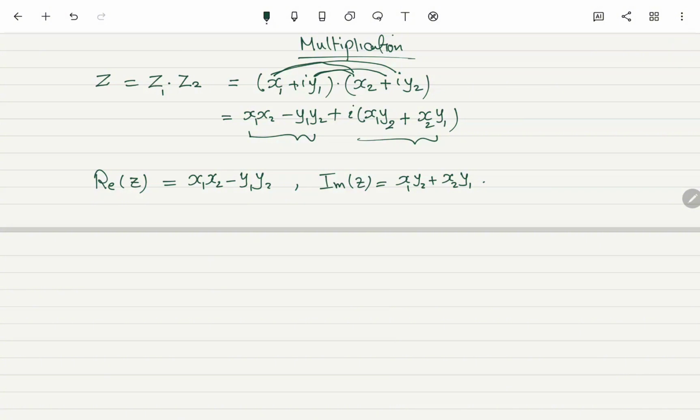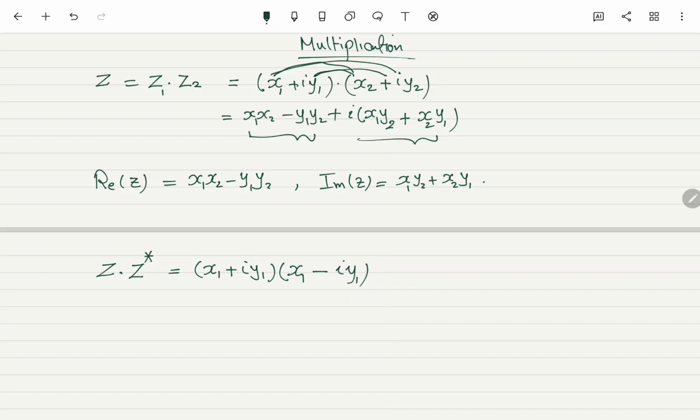What if we would like to multiply z with its complex conjugate? So let's have z times z complex conjugate. In this case, x1 plus iy1 times x1 minus iy1, because it's the complex conjugate.